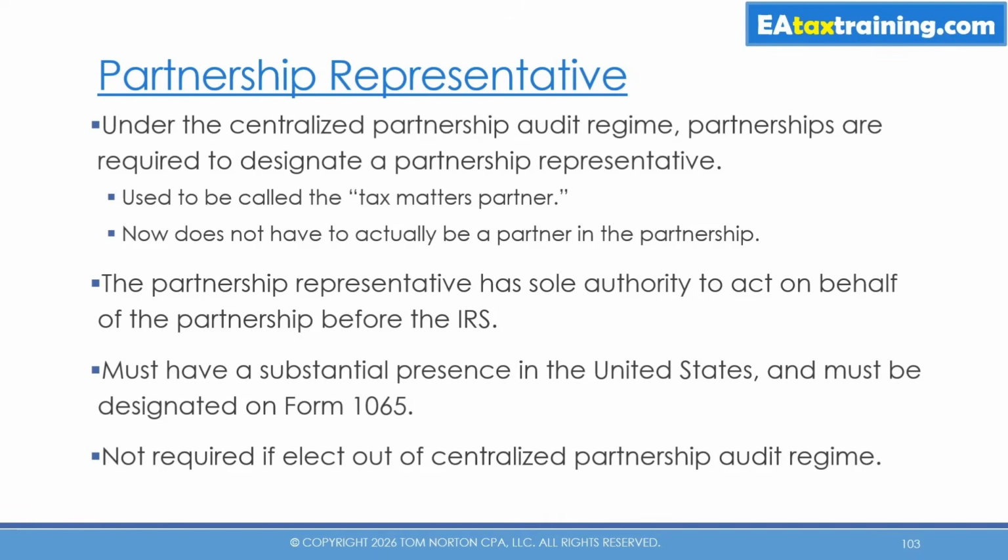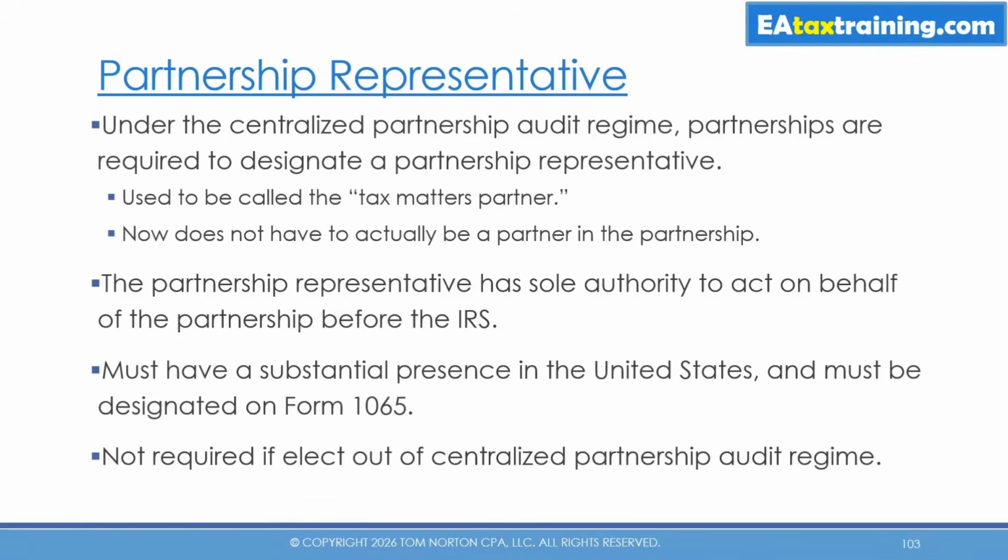That representative has sole authority to act on behalf of the partnership before the IRS, and it must have a substantial presence in the United States and must be designated on Form 1065. And you designate it every year. The partnership representative can be an organization. It does not have to be an individual. However, you still have to name an individual who is the one that the IRS is going to talk to.